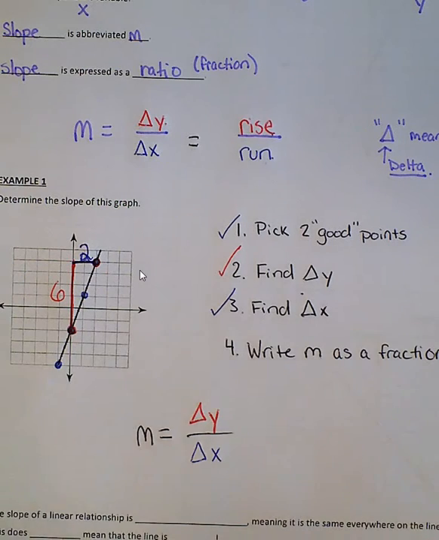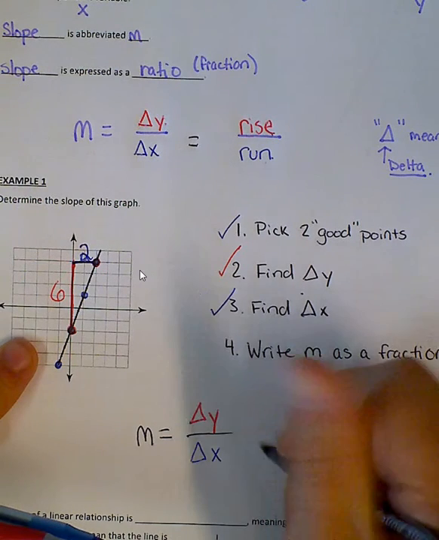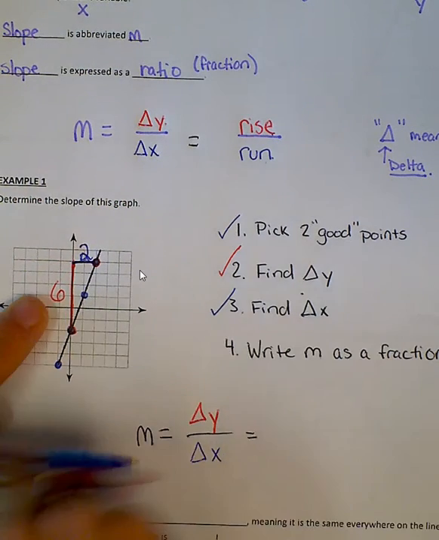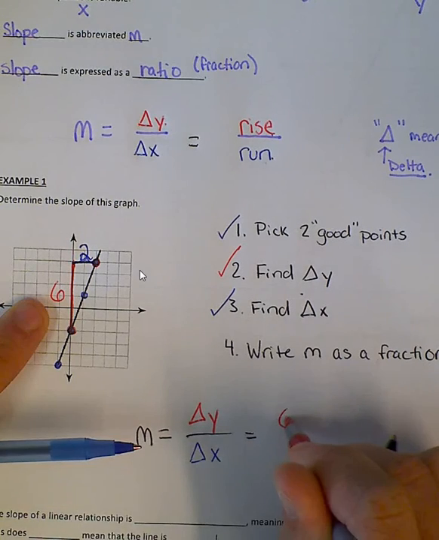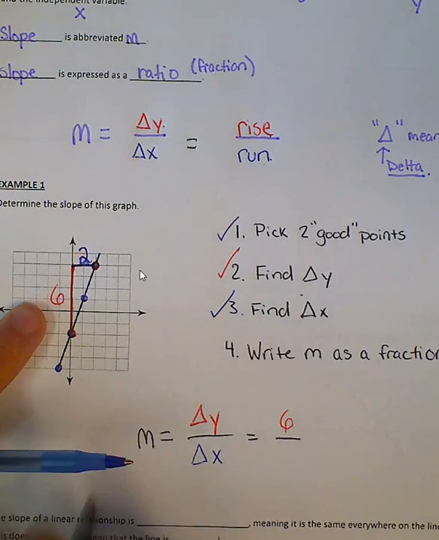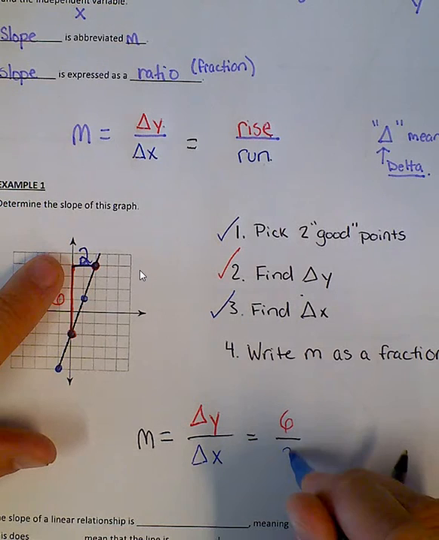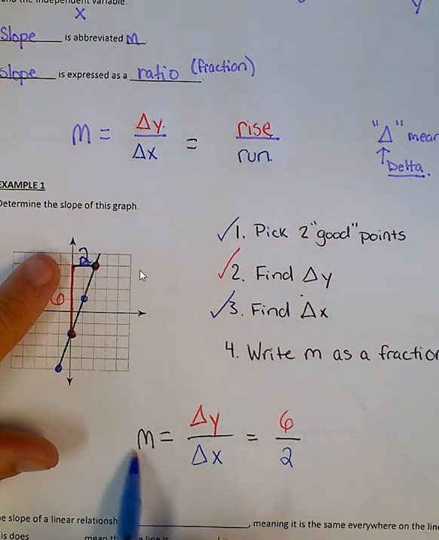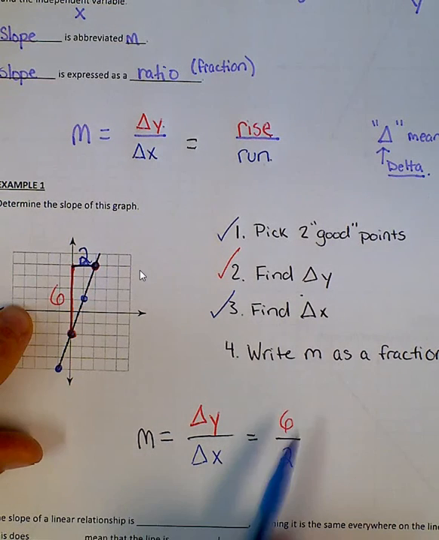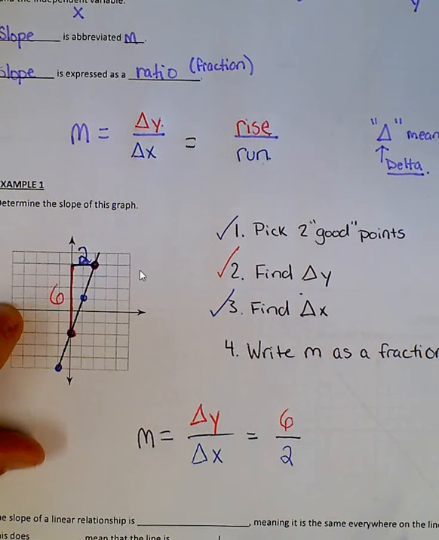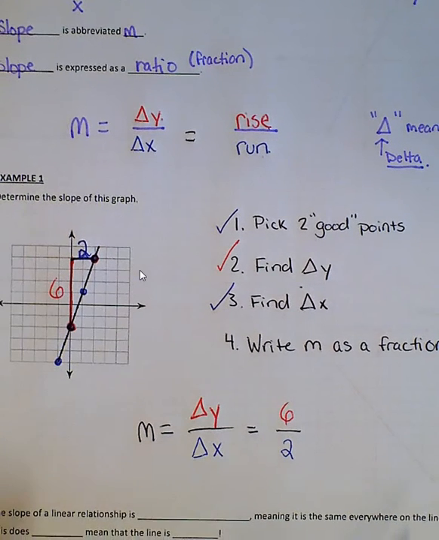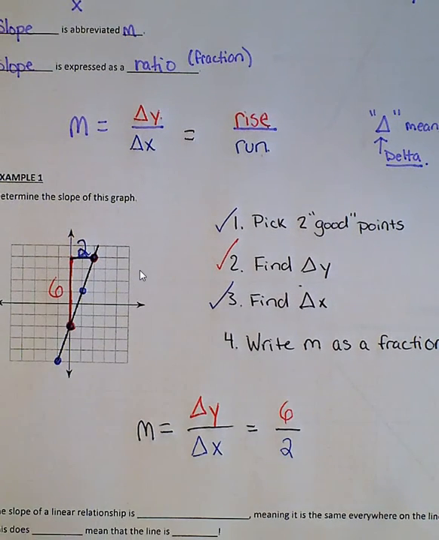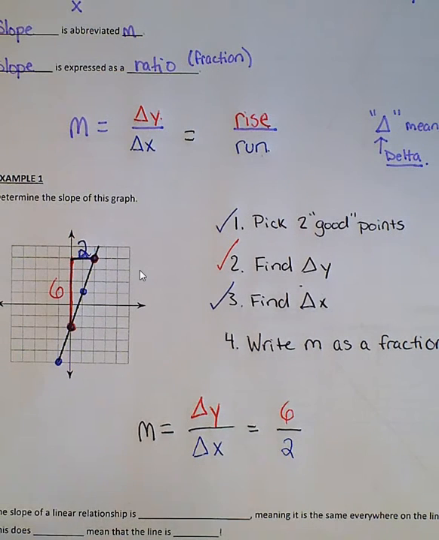For this example 1, we said the change in y was 6 and the change in x was 2. So the rate of change, or the slope of this graph, is 6 over 2. Now, always a good suggestion, I should ask, can I simplify this fraction? And the answer is yes.